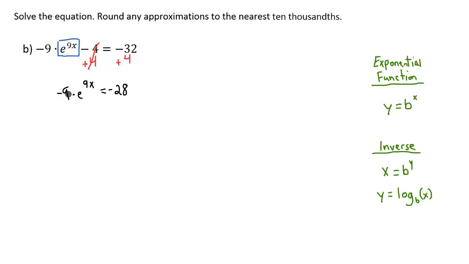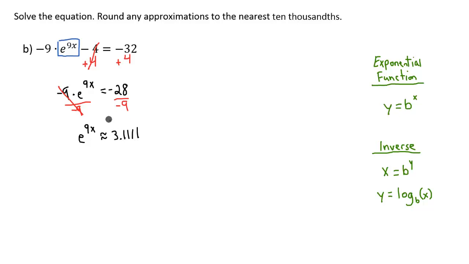To undo the multiplication of negative 9, I'm going to divide by negative 9. Negative 9 over negative 9 is just 1, so that goes away, and I divide the right side by negative 9 as well. So now we're left with e to the 9x power, and that's going to be approximately 3.1111. So we're going to round that to 4 decimal spots.